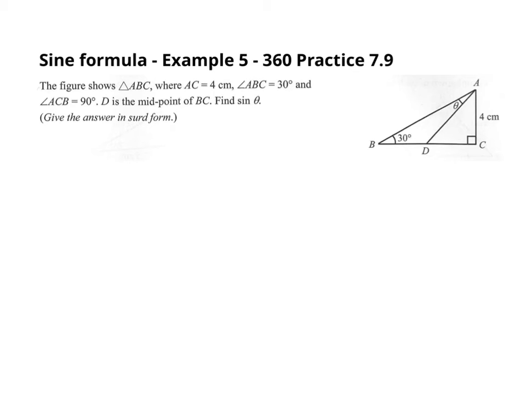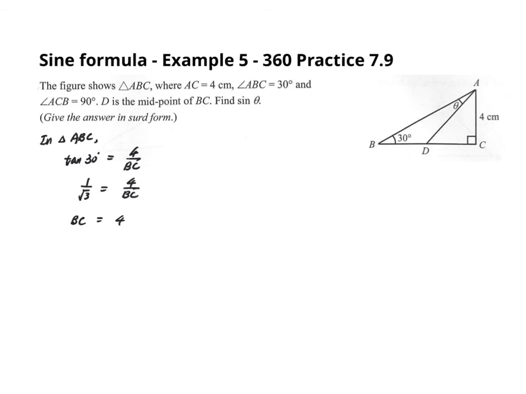Also, we can use the Pythagoras theorem to find the hypotenuse. In this case, in triangle ABC, we have tangent 30 degrees is equal to 4 over BC. Tangent 30 degrees is 1 over root 3.